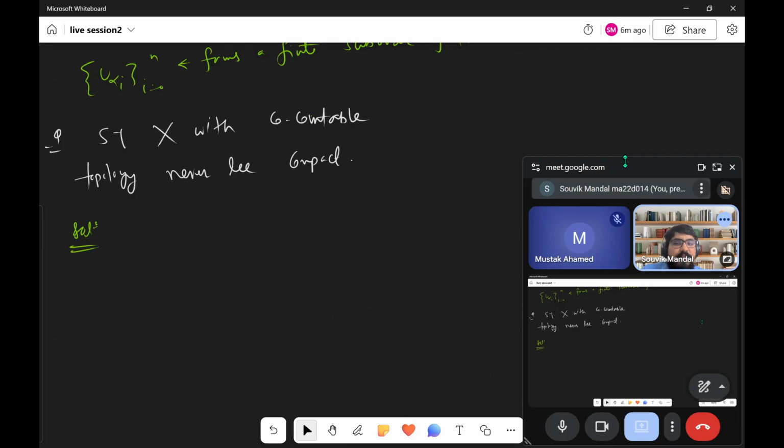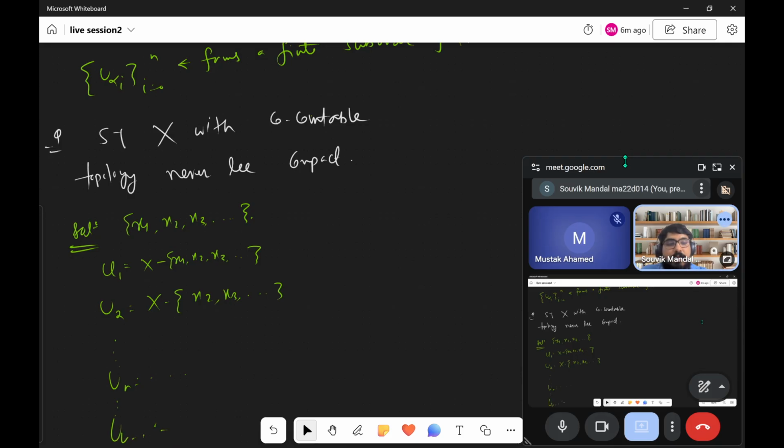So since X is an uncountable set, consider a countable collection x1, x2, x3, and so on. Choose u1 to be X minus x1, x2, x3, and so on. u2 to be X minus x2, x3, and so on. Similarly u_n minus 1.